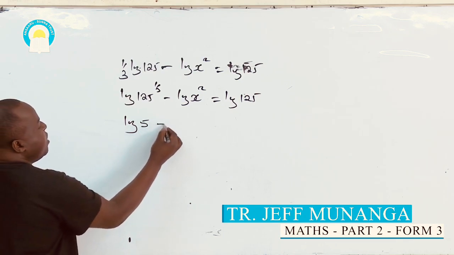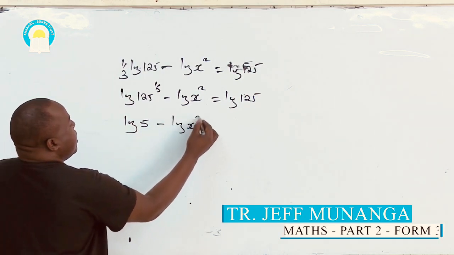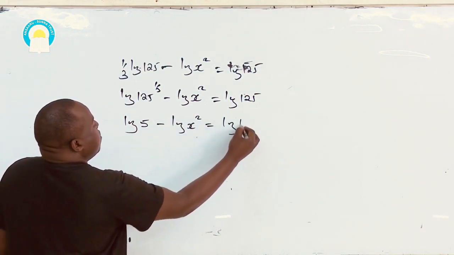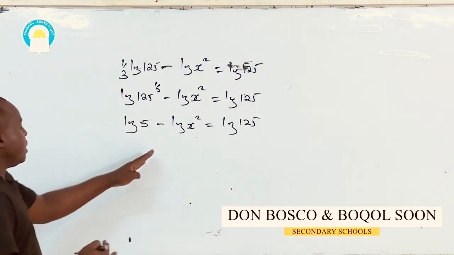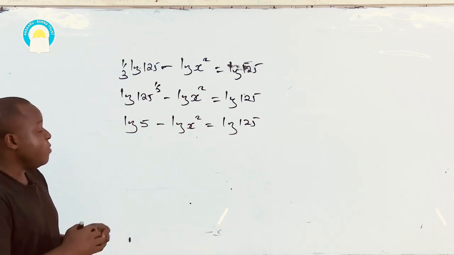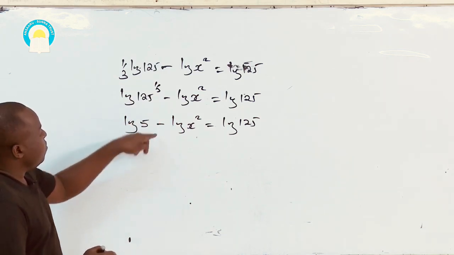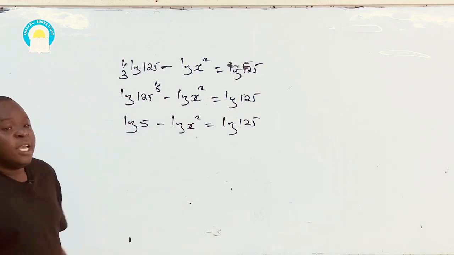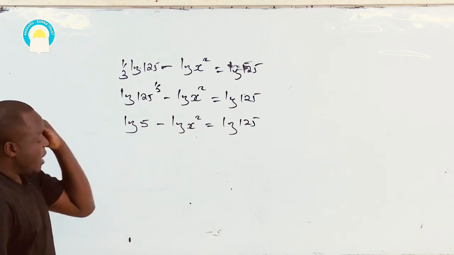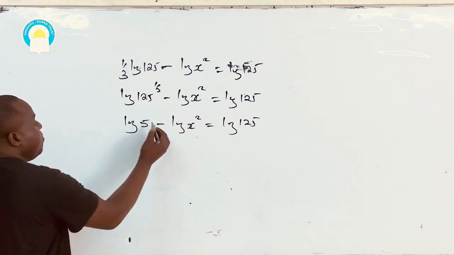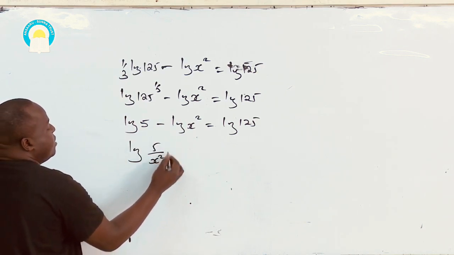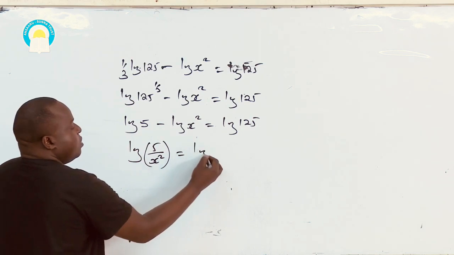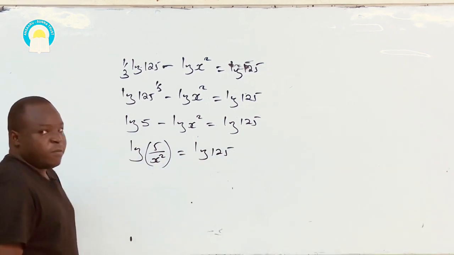So this is log 5 minus log x squared equals log 125. Then I don't have coefficients, I have logs in all the terms involved. Next is to simplify by writing values on every side as a single log. Minus means divide, so this should be log of 5 over x squared equals log 125.